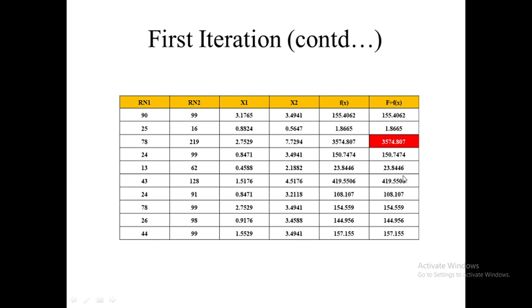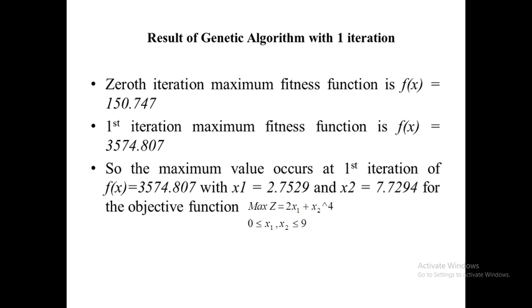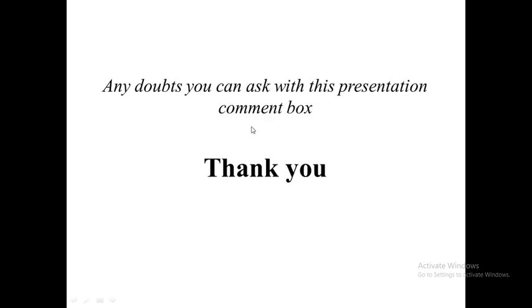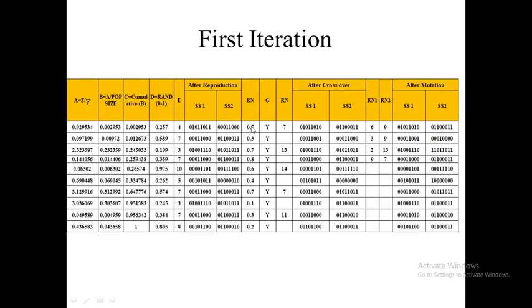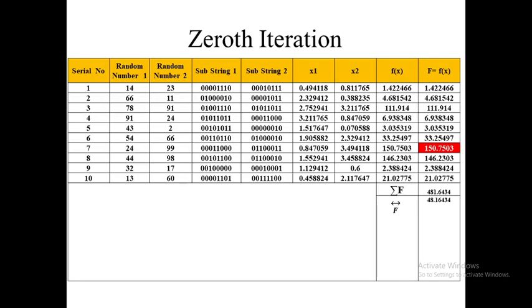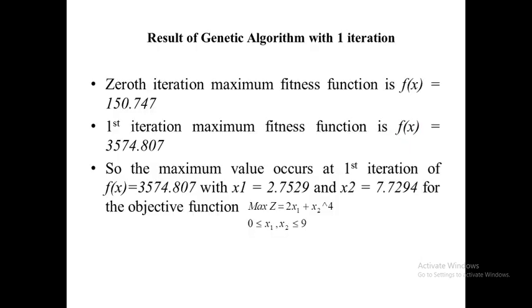From that I compare all the 10 values and get the maximum value from the available population, that is 3574.807. According to the zeroth iteration, the maximum value is 150.747. In the first iteration, the maximum fitness function is 3574.807.